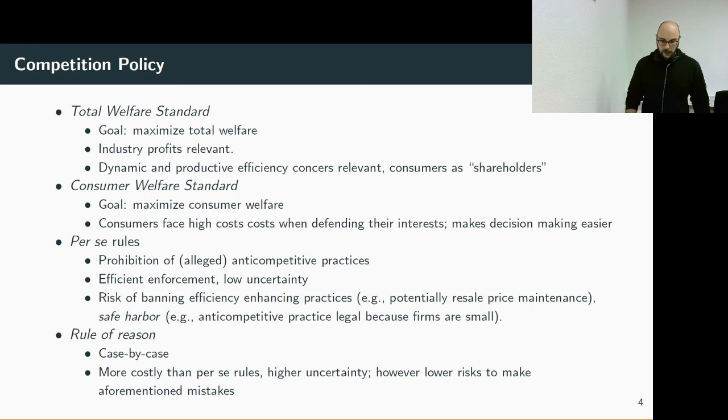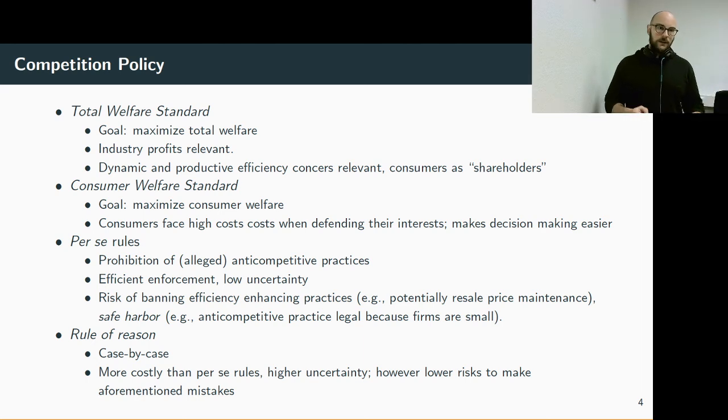And there's also the thing of safe harbor here, right? Because if we always say, okay, you are not allowed to collude, but every firm with a revenue of below 1 million can do so, because it's too unimportant for us to consider it, right? I think all of us have at some point encountered situations where a local tavern owner goes to another tavern owner and says, "Look, the price of beer at my tavern is €5, and you charge €3.